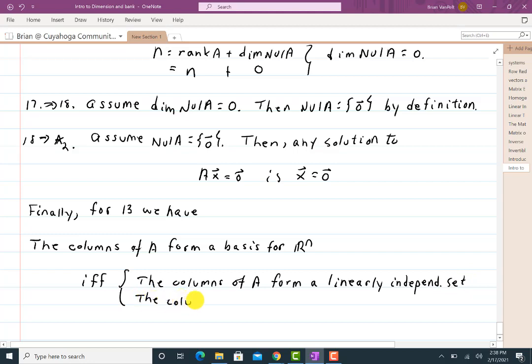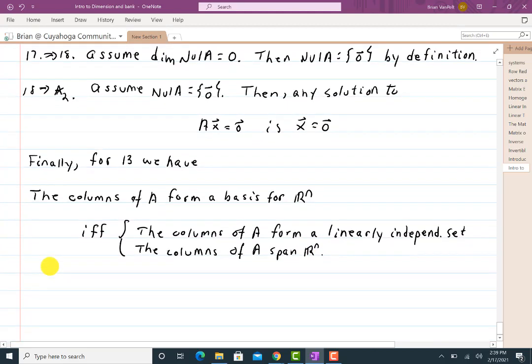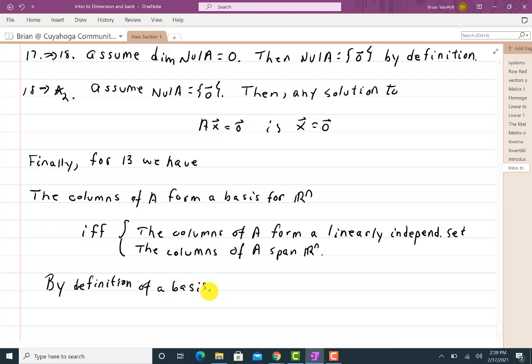The columns of A span Rn. No proof is really needed, as this is by definition of a basis. Those set of vectors are linearly independent and they span. So that was just a restatement.